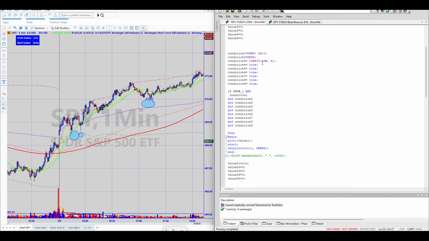Lowest low 4 bars. It's going to have the bar number. So we'll have to say that equals the low of the current bar. So the low of the current bar is essentially the lowest low of 4 bars. Like I said, those 4 bars include the current bar. So the current bar would be number 1, then you have 2, 3, 4.